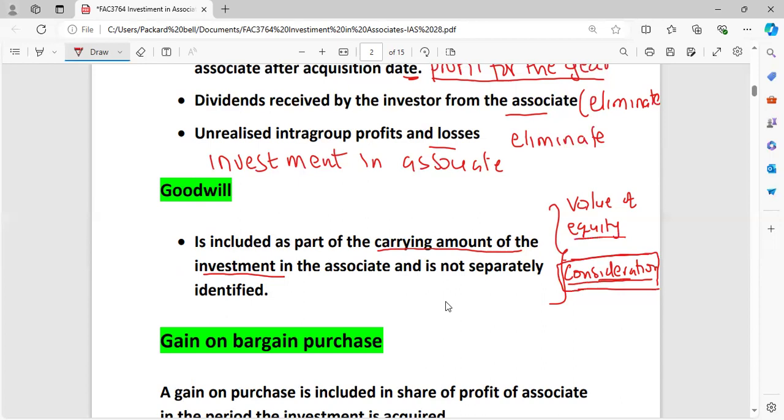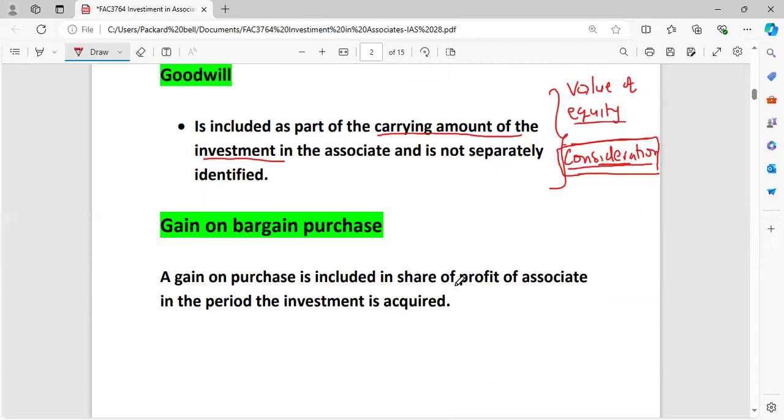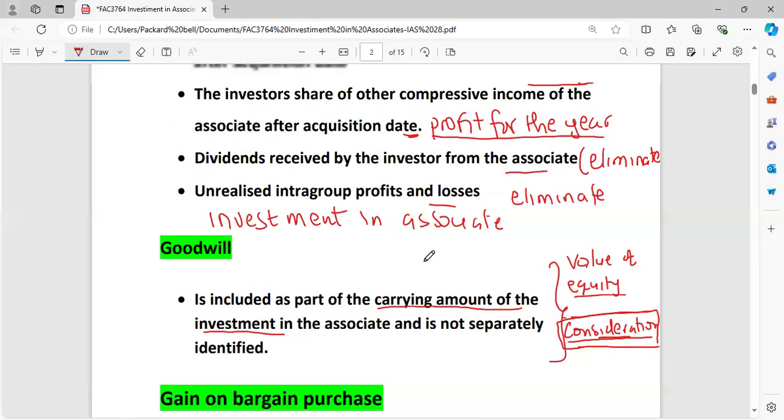Then we have also a gain. If there is a gain, it means the value of equity is more than the consideration. So that gain on bargain purchase is now going to increase your share of profit of associate. Here, you should include it under this line.